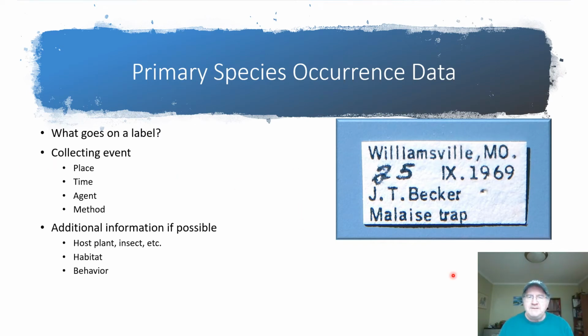Here we have a representative label from 1969, which kind of illustrates what the state of the art was in those days. You go back a little bit further in time, and not only the numbers are handwritten, but the entire label is handwritten, and sometimes it can be very difficult to decipher old handwriting, because you're talking about people writing with crow quill pens.